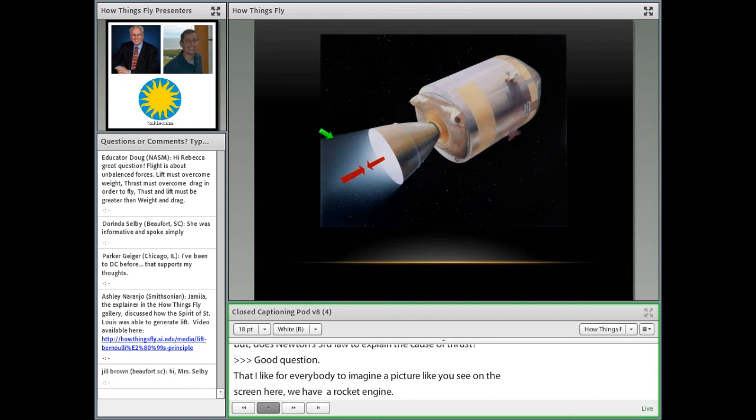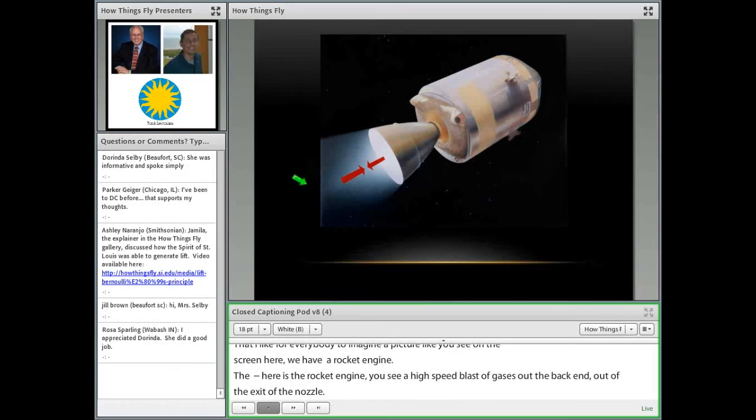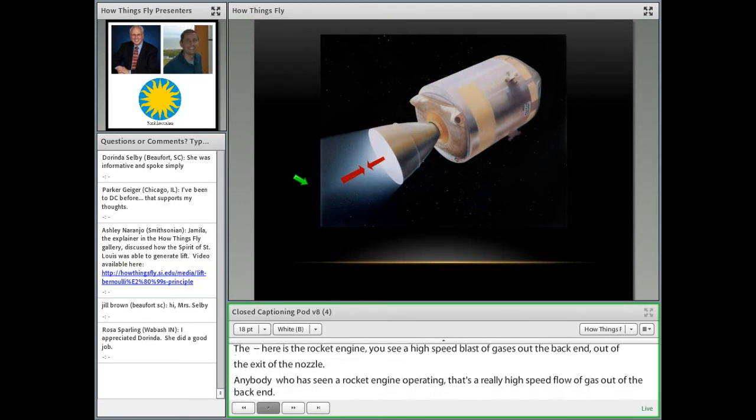Anybody who's seen a rocket engine operating will know that, man, that is a really high-speed flow of gas out the back end. You will see the explanation given almost always that thrust on this rocket is produced by this high-speed jet of air going out the back end of the rocket engine.